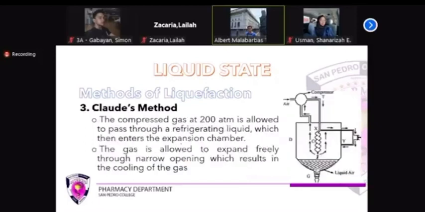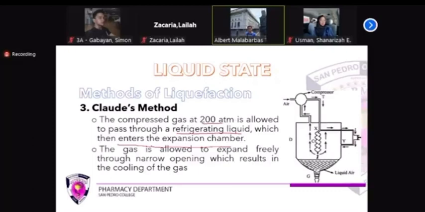Linde's method. And then your Claude's method, first, compress the gas to 200 atm and then allowed siya to pass through a refrigerating liquid which then enters an expansion chamber. The gas is allowed to expand freely through the narrow opening which results to the cooling of a gas.